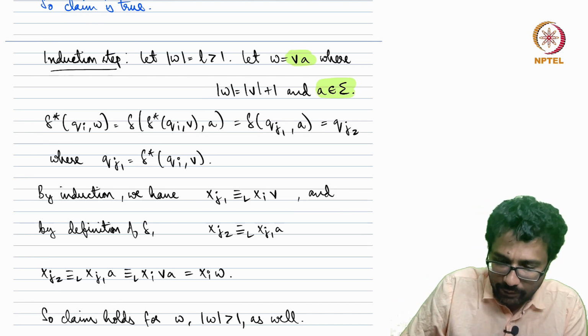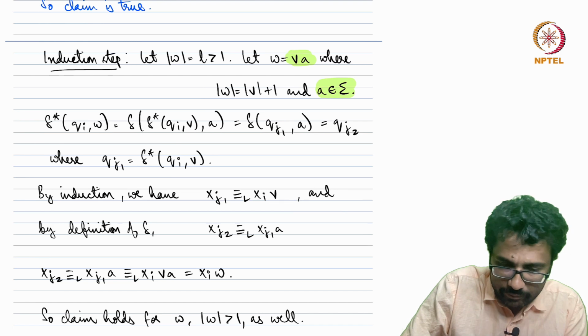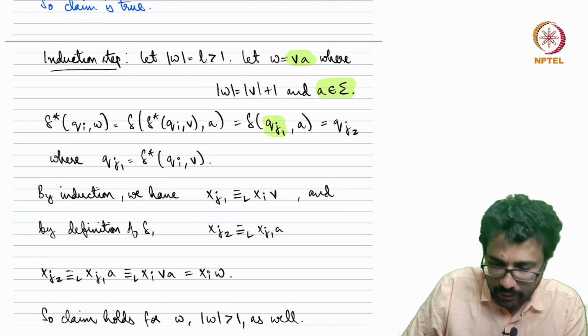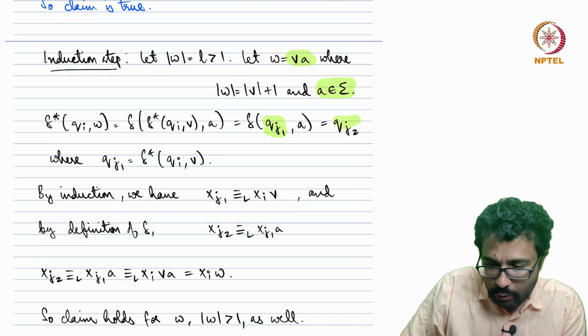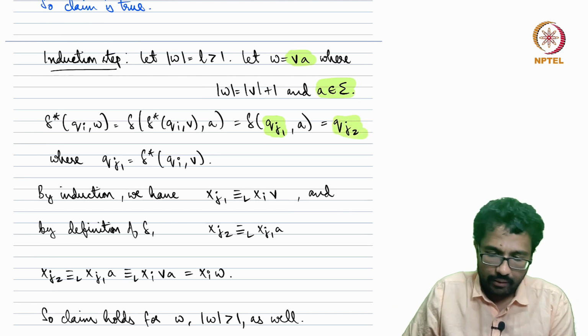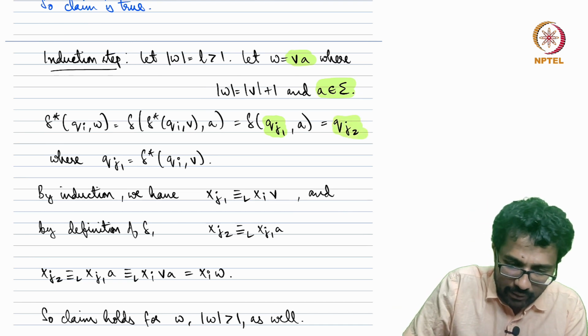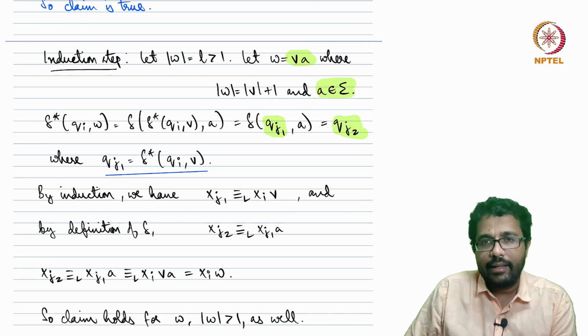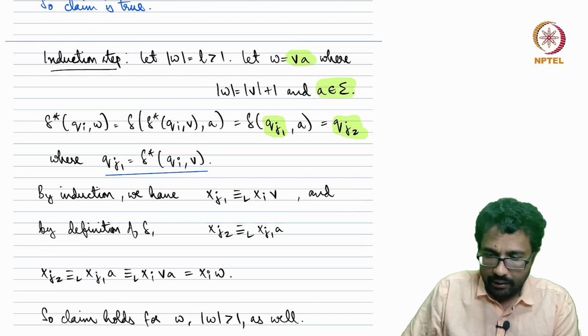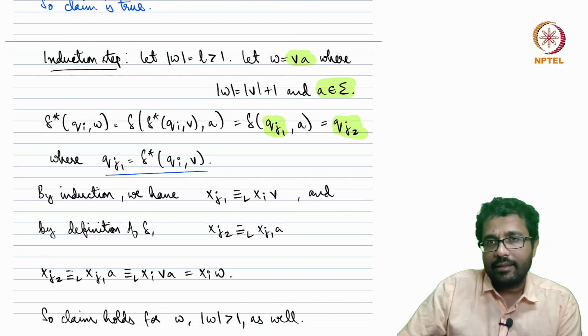Suppose v takes the DFA to Qj1, and then a takes it to Qj2. So Qj1 is where v takes the DFA to, and Qj2 is where a takes it from Qj1.